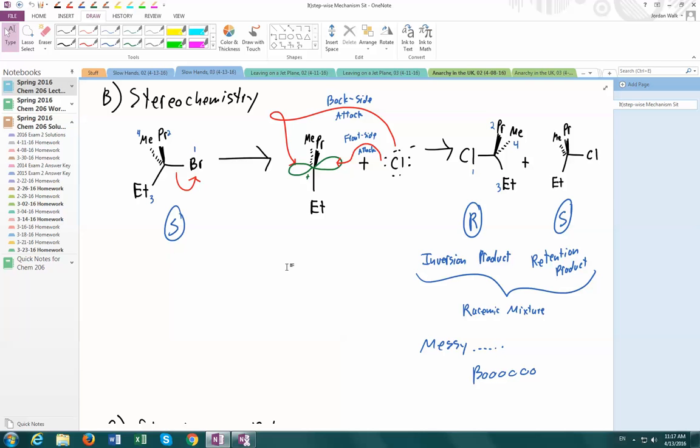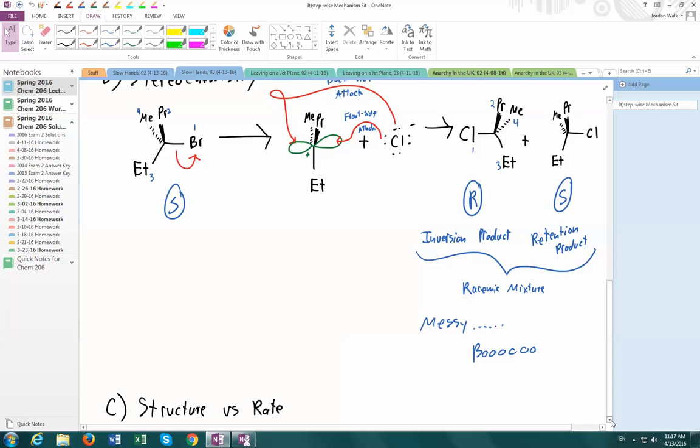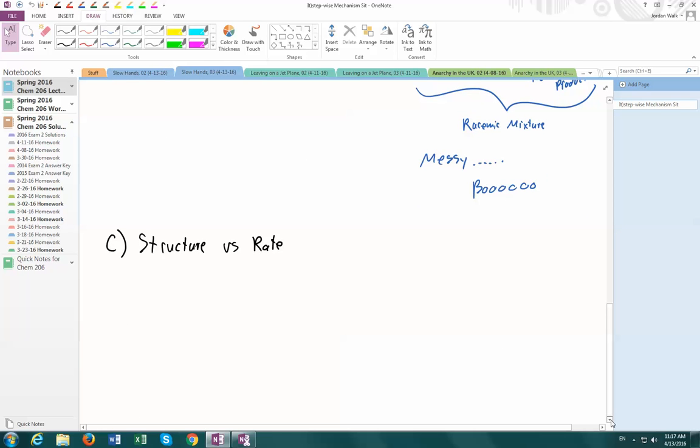All right. So structure versus rate in an SN2 reaction we learned is dependent on crowdedness. What aspect of the structure in an SN1 mechanism, do you think, is going to determine the rate? Well, what's the high energy intermediate that we form? It's a carbocation, right?